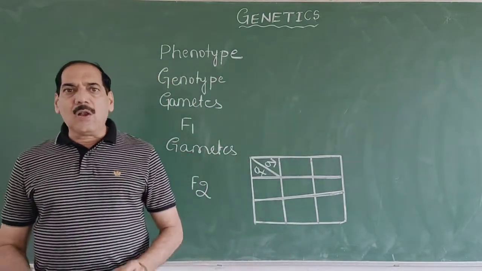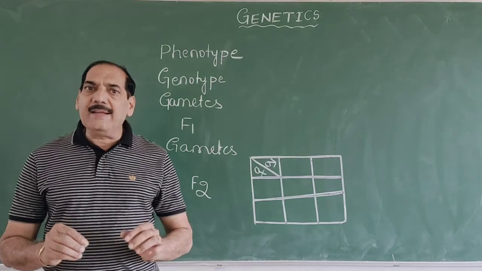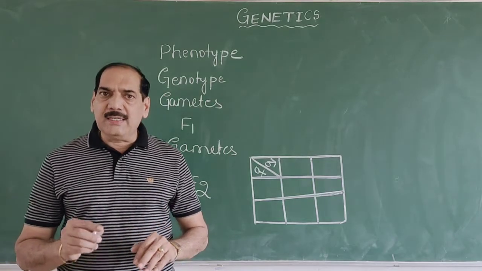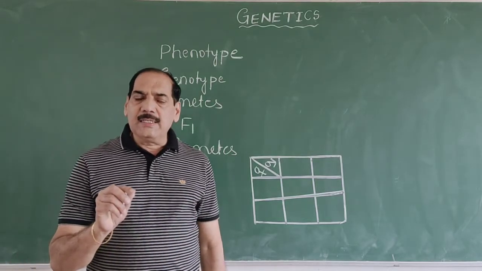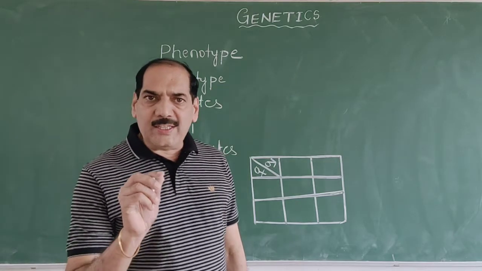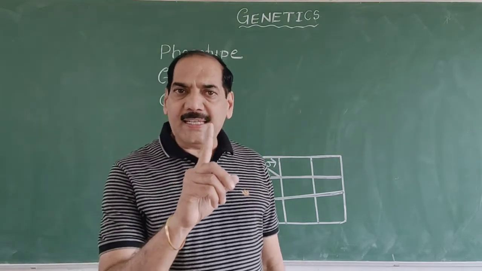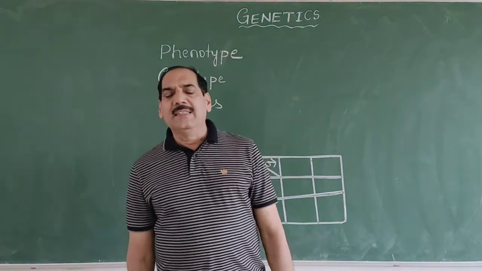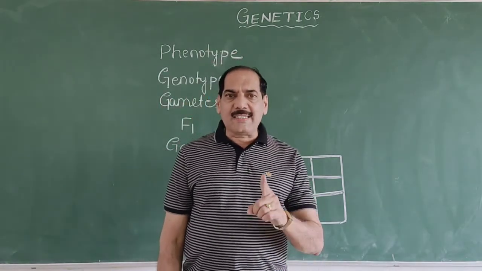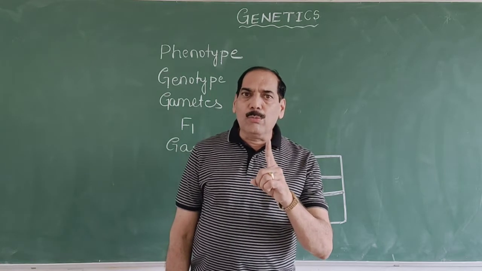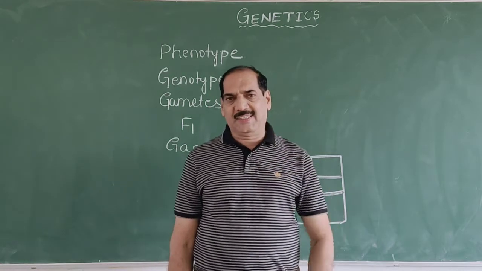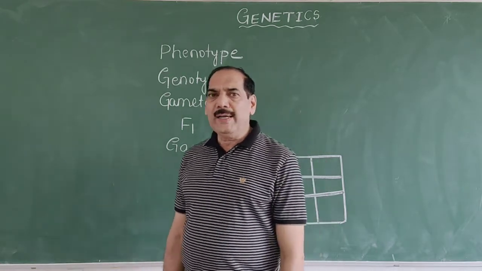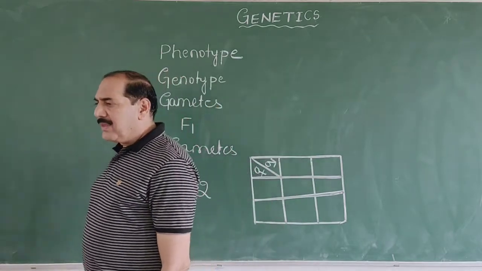The law of dominance and the law of segregation were stated only by observing the result of one gene inheritance, and that cross he called monohybrid cross. What did he call it? Monohybrid cross.